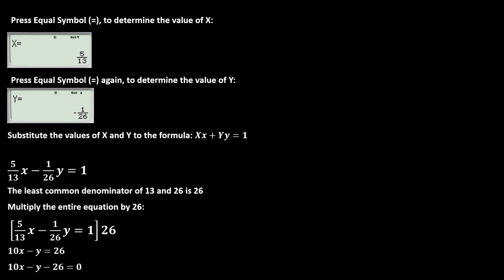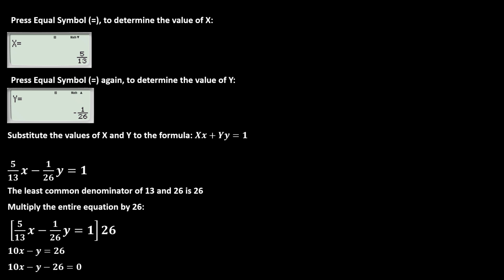Then we have to determine the least common denominator of 13 and 26, and as we all know, the least common denominator here is simply 26. Let us now multiply the entire equation by 26, and as we can see now, the entire equation is being multiplied by 26.